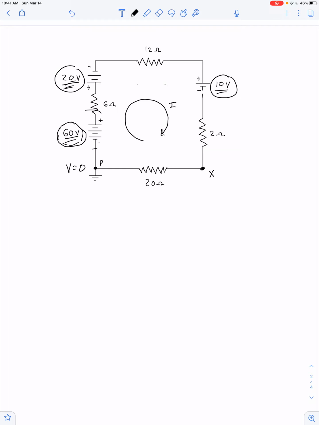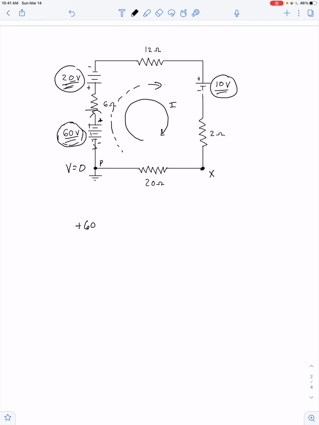So let's see what happens when we trace our way around the circuit, also in a clockwise direction. Okay, so starting at point P, the first change in electric potential we find is due to tracing across this battery from its negative to its positive terminal.